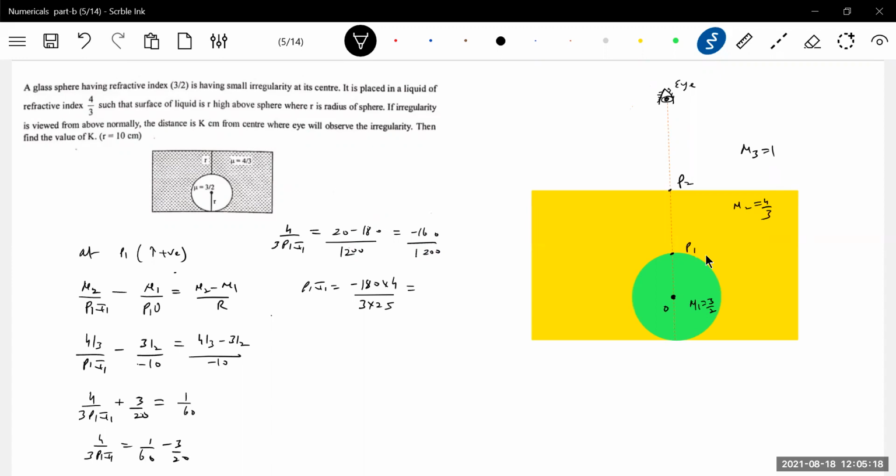So 0 cancels. 60, 16 by 120. 4 by 30. 4 cancels. P1 I1 is equal to 10.